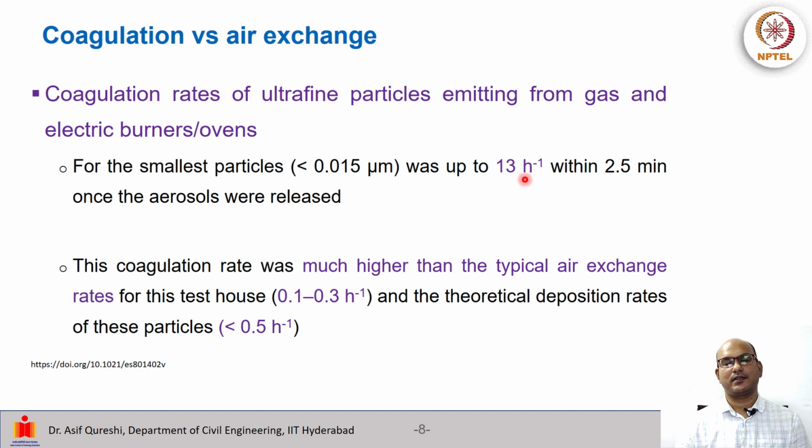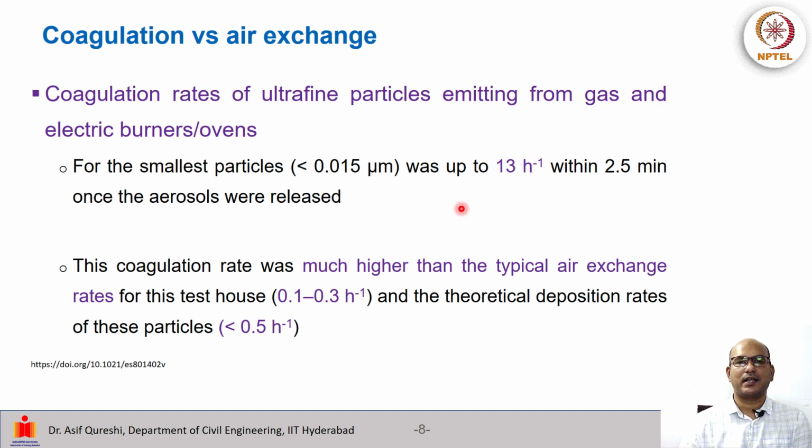This is much higher than the typical air exchange rates for this test house, which is 0.1 to 0.3 per hour, as we have also seen previously, that the typical air exchange rates are lower, maybe 0.5, definitely not more than 2 per hour, so not more than 2 flushes per hour.